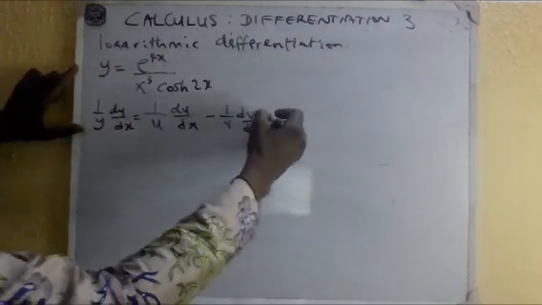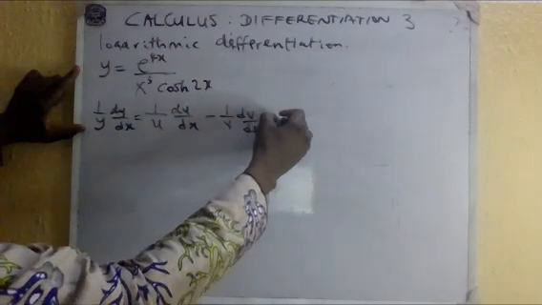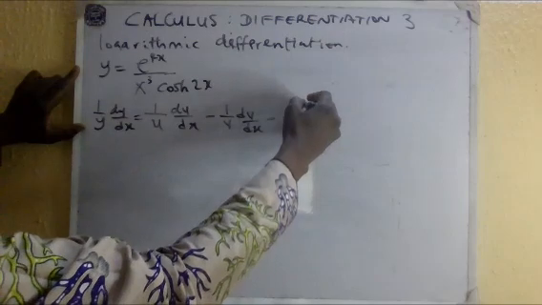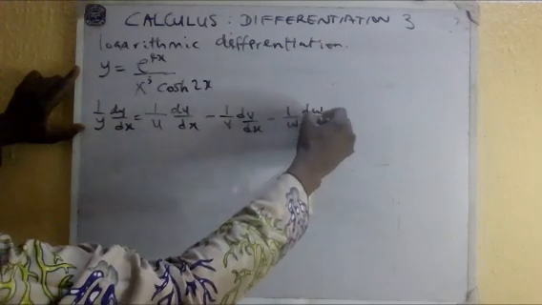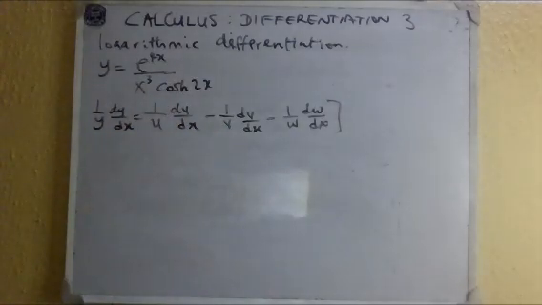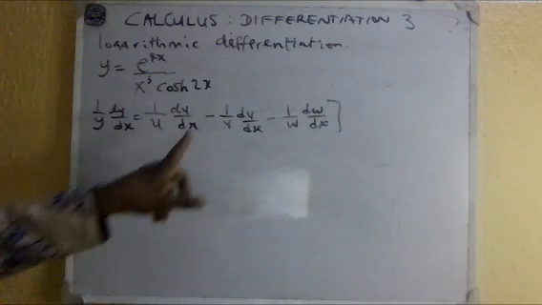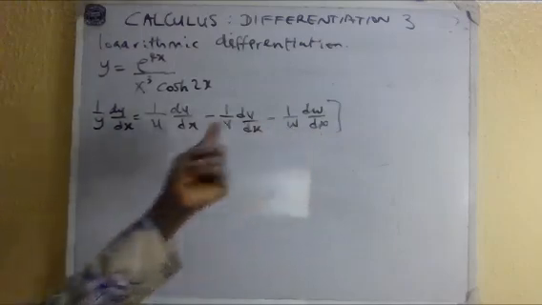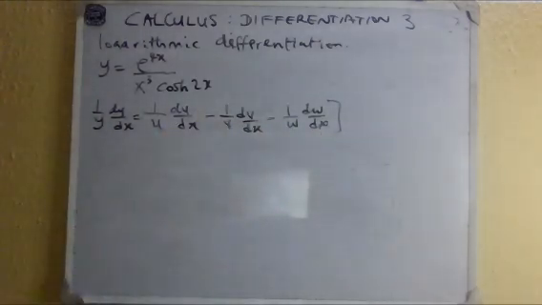So I have minus 1 over w dw/dx. You see how I apply this? Even if I put minus outside and plus inside, these two are doing the plus, but I'm doing the minus outside.